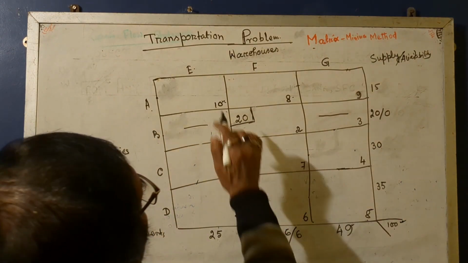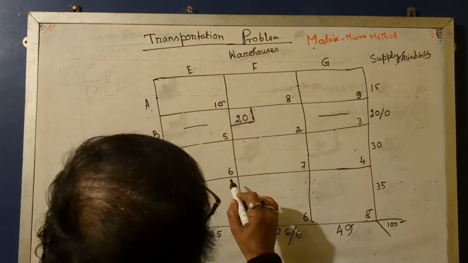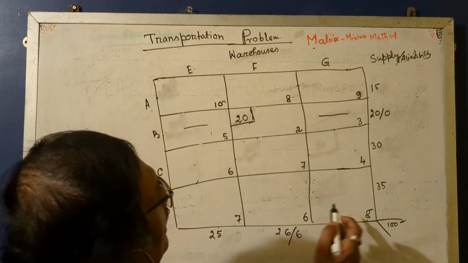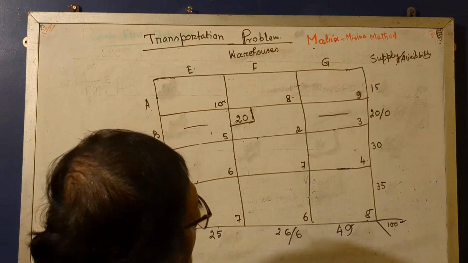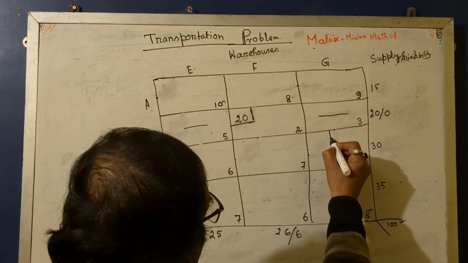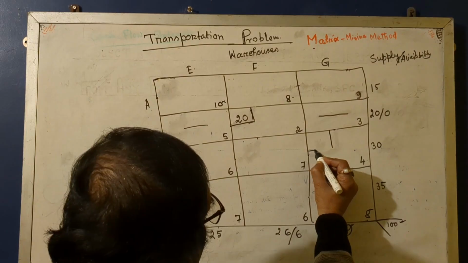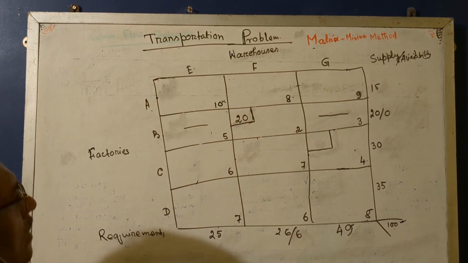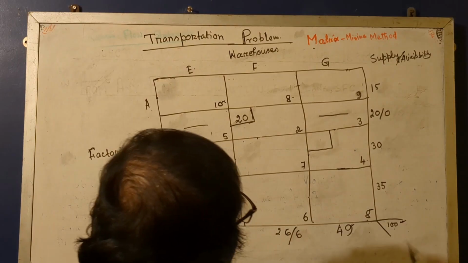Next, you select the immediate next minimum cost, but you will not consider these cells because you cannot allocate to them. So out of 10, 8, 9, 6, all these, this is the minimum transportation cost cell. That means you have to allocate the production units to this cell. How much will you allocate?